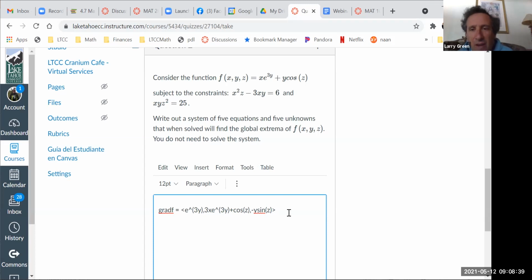Any questions on grad f? Okay, then I got to get grad g. I'm just going to go alphabetical. So grad g equals, derivative with respect to x is going to be 2xz minus 3y.